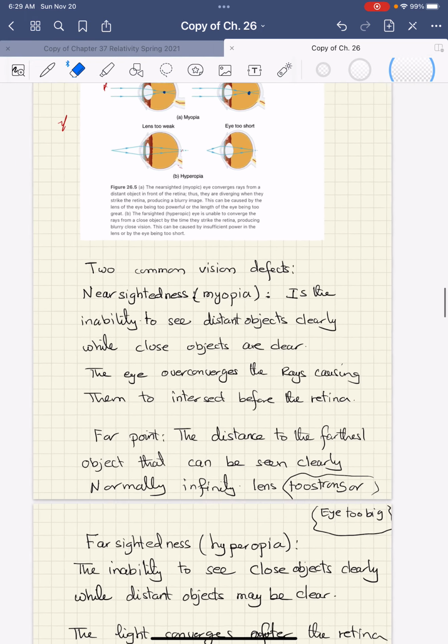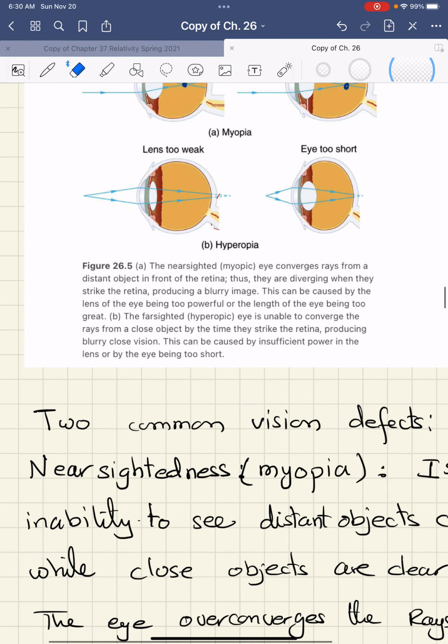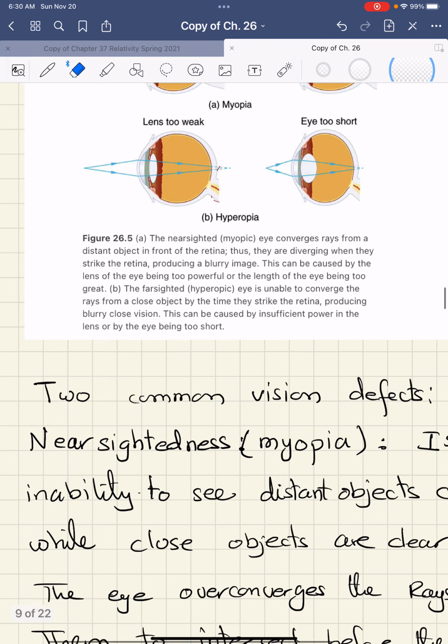Now the other defect is farsightedness, and it's the opposite. We find that either the eye is too short or the lens is too weak, and therefore the image is going to form behind the retina, after the retina.